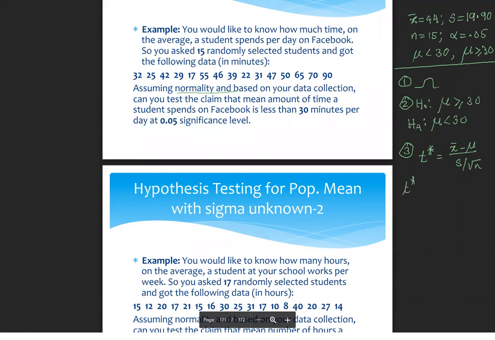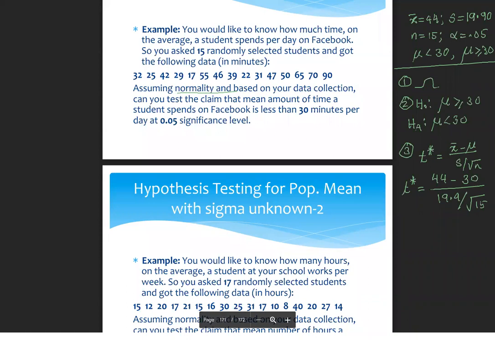So T star is equal to X bar, which is 44, minus mu, 30, divided by S, which is 19.9, over square root of the sample size, which is 15.